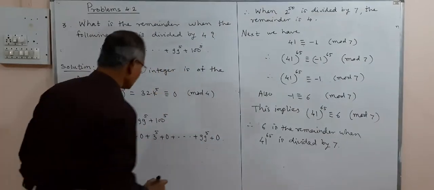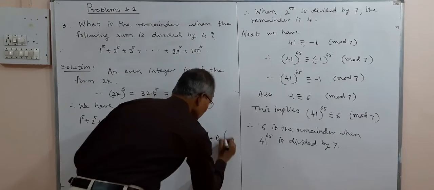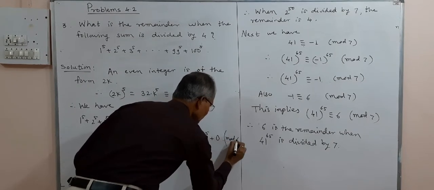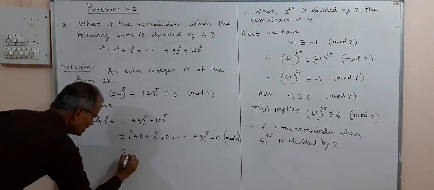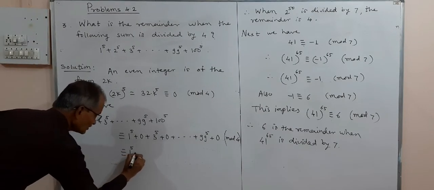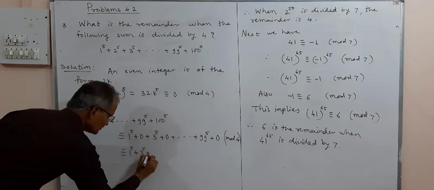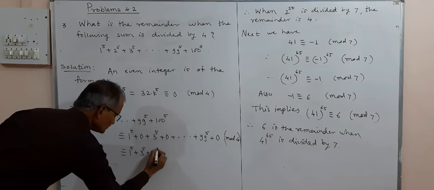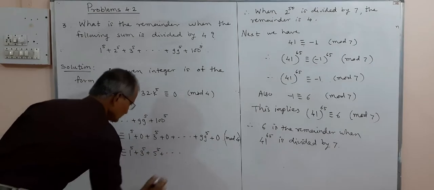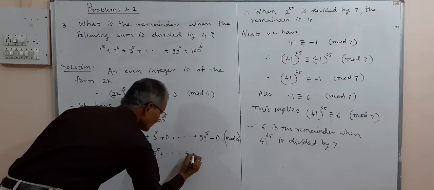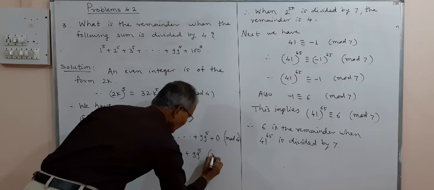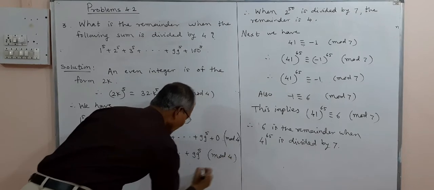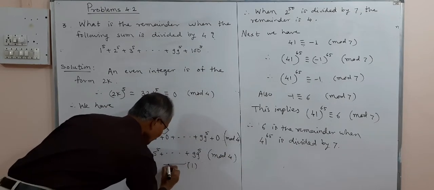And modulo 4, that means only the odd integers remain, and last will be 99 to the power 5 modulo 4. We shall refer to this as 1.